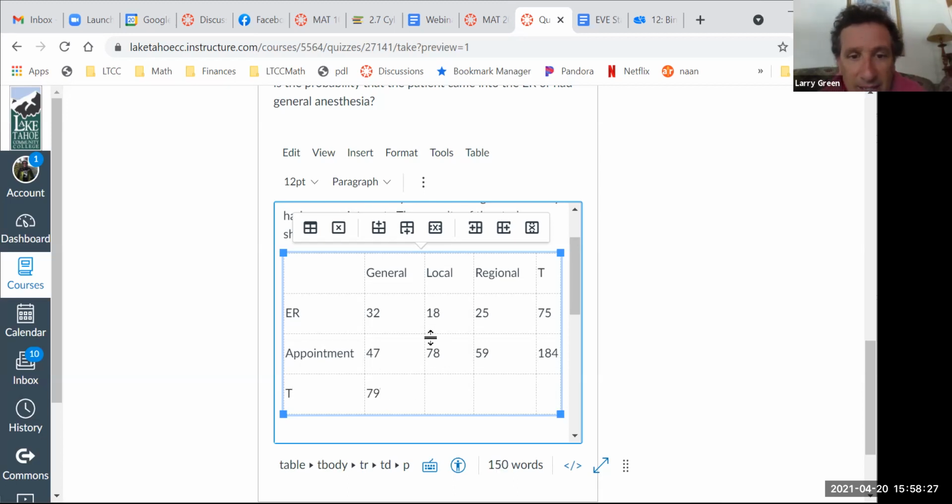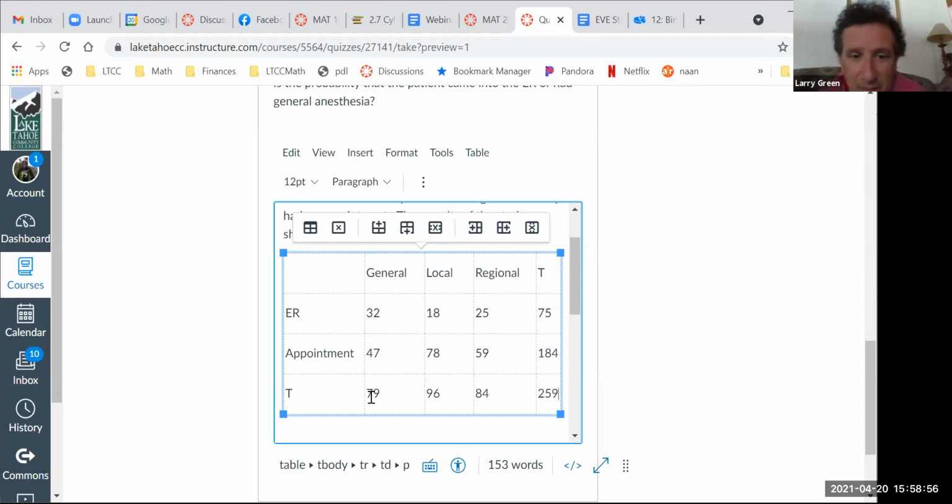We have 18 plus 78 is 96. We have 25 and 59 is 84. And now let's add these up. So 184 plus 75 is 259.